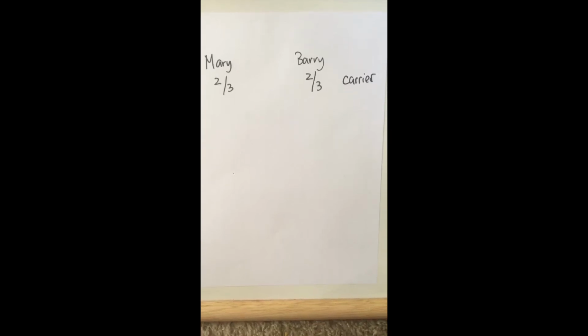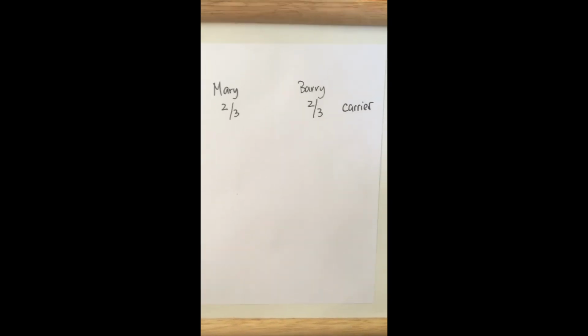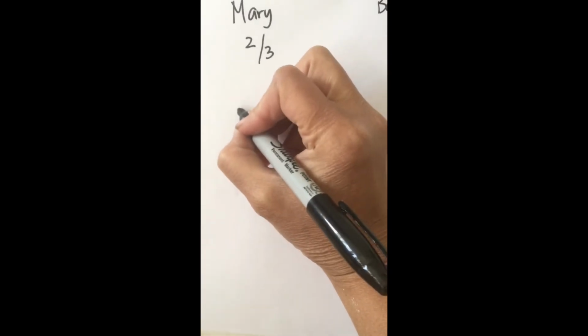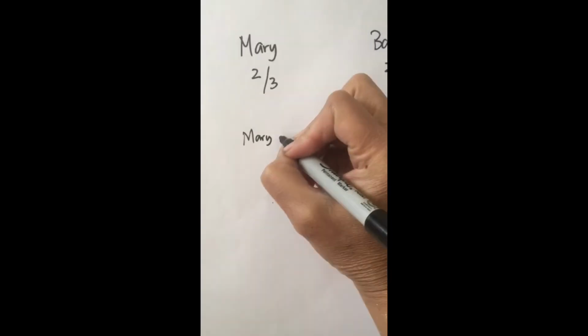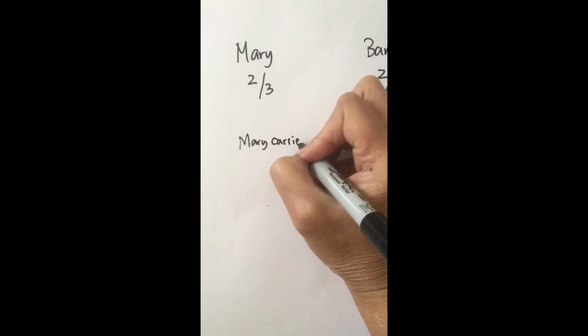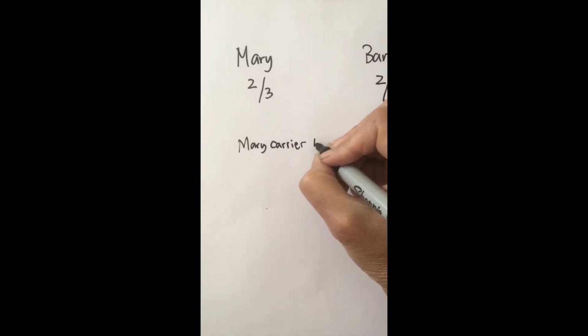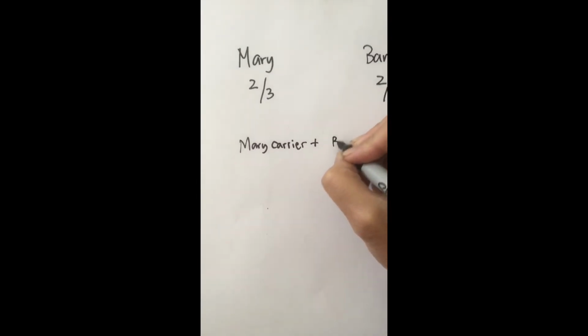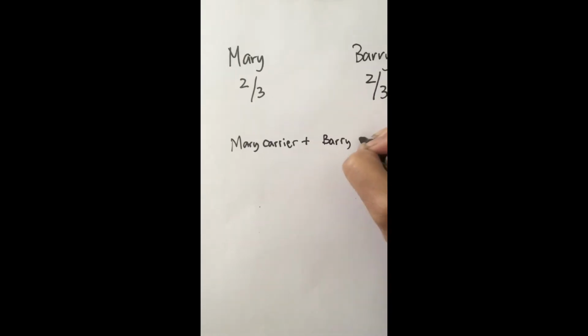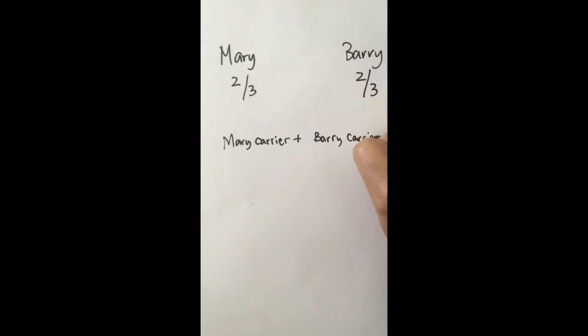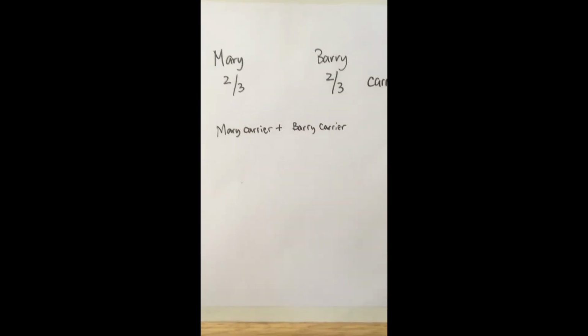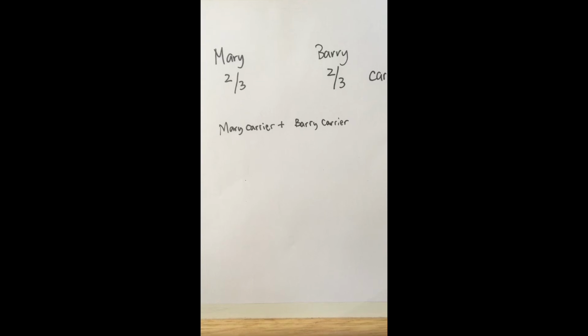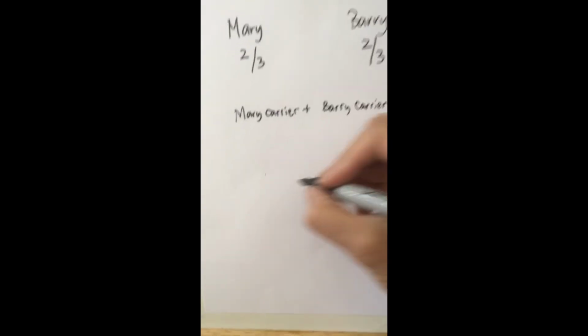So there are 3 things that have to happen. First of all, Mary has to be a carrier. And also, Barry has to be a carrier. If either one of them is not a carrier, then there isn't any chance that their child is going to have thalassemia.